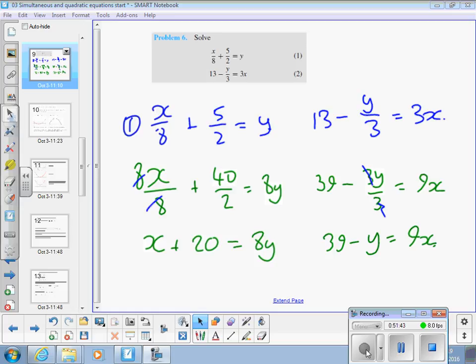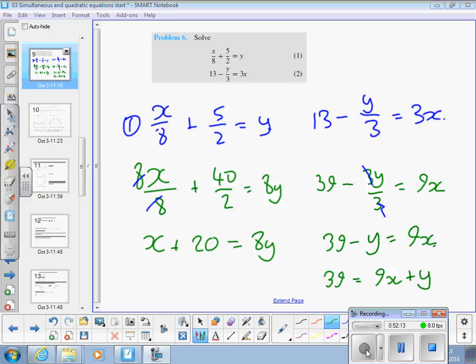Now what do we need to do? Yeah, add y to both sides on here, so we'll have 39 is equal to 9x plus y. You want to take away 9x.